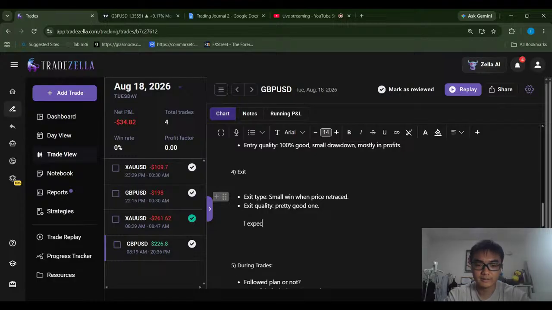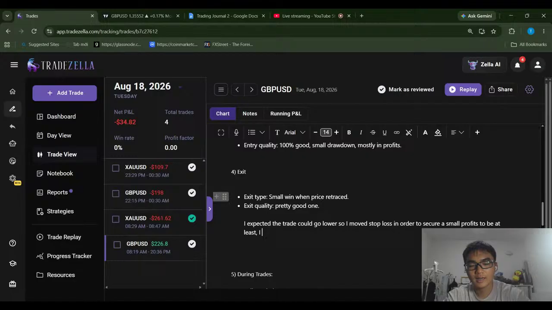I expected the trade could go lower, so I set a small stop loss in order to secure a small profit, to be at least break even, like I broke even yesterday.